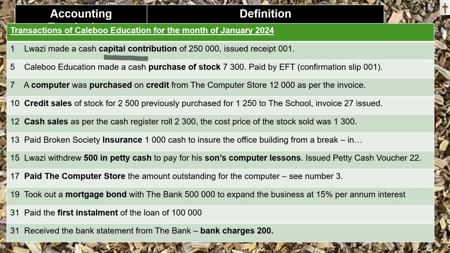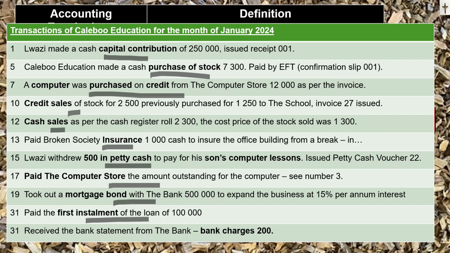We're going to look at capital contribution, purchase of stock, purchase of equipment on credit, credit sales, cash sales, pay for insurance, drawings from petty cash, paid a supplier, took out a bond, paid an installment on the loan, on the bond, paid bank charges. Right, those are the transactions we're going to cover in this video to start this type of work.